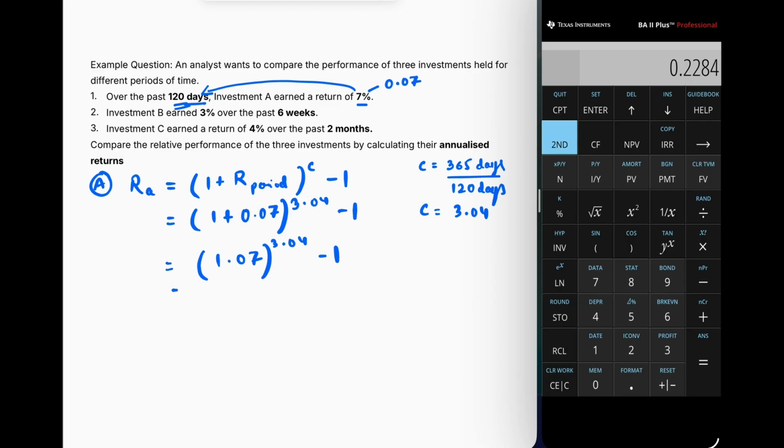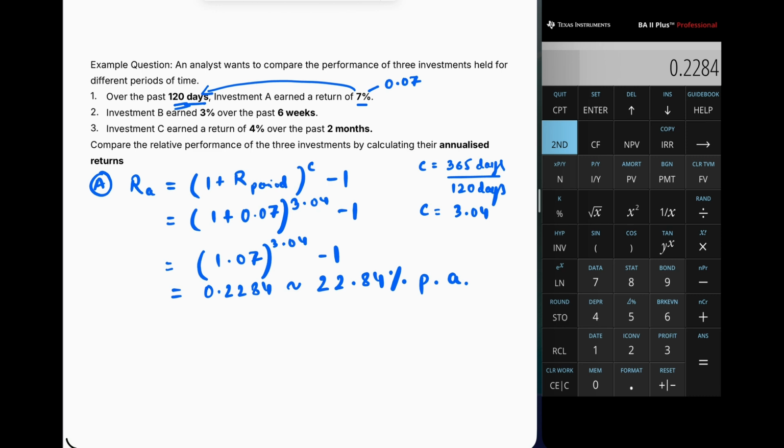So it comes out to be 0.2284, which I can write as 22.84%. So on investment A, you are getting a good return of 22% per annum.